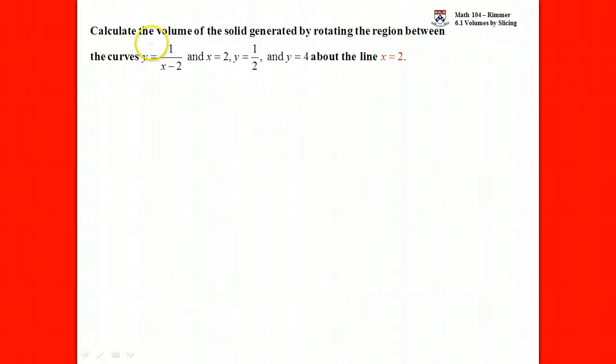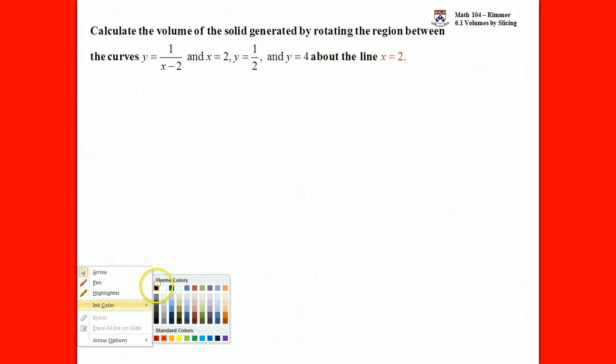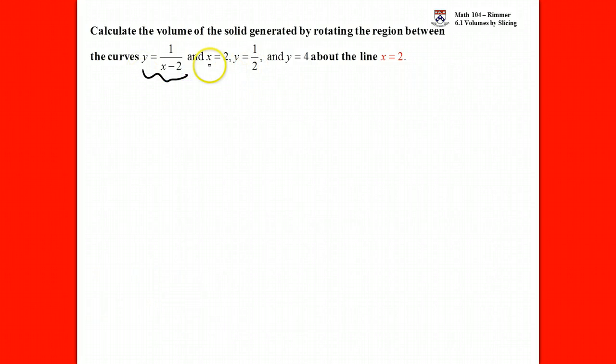We have to know the graph of this function. These other guys are just vertical lines and horizontal lines. We have to know what that looks like. 1 over x minus 2. You have an issue at 2, right?